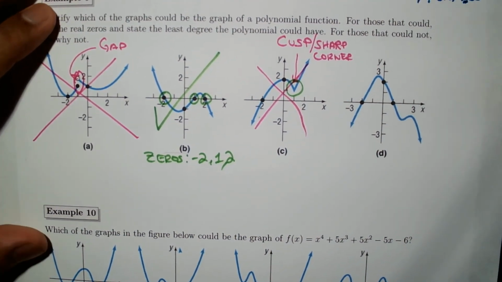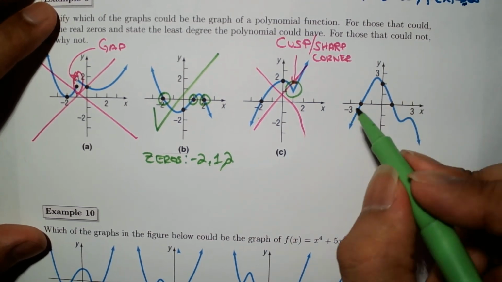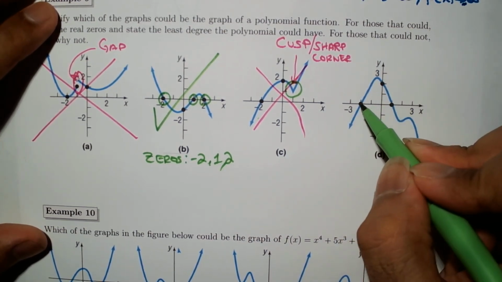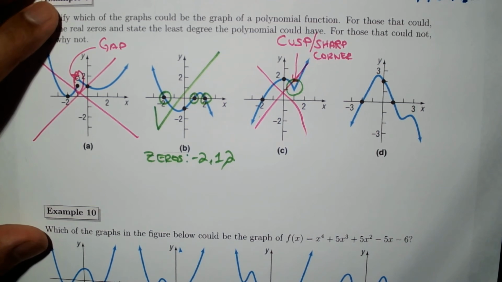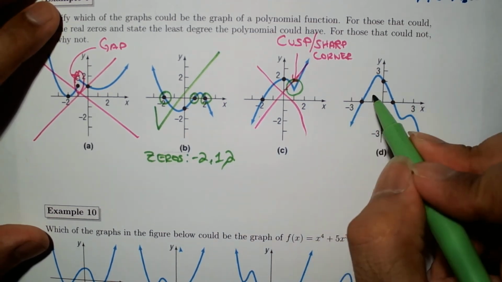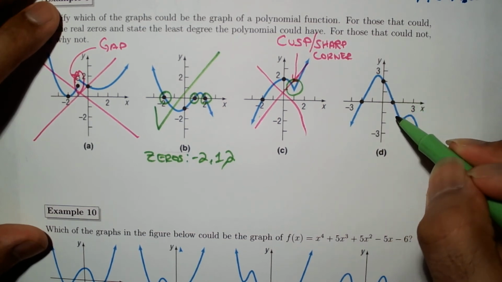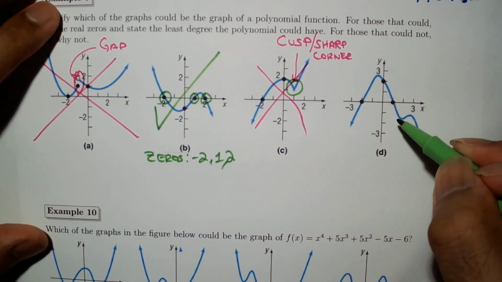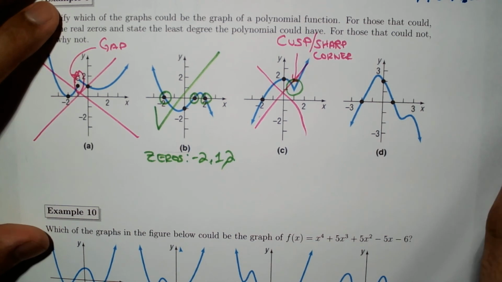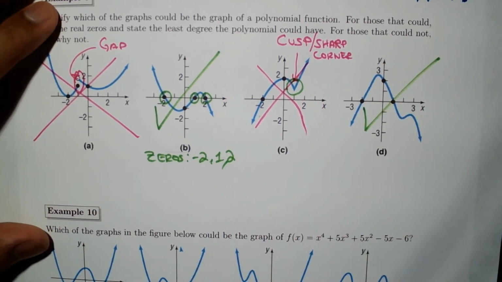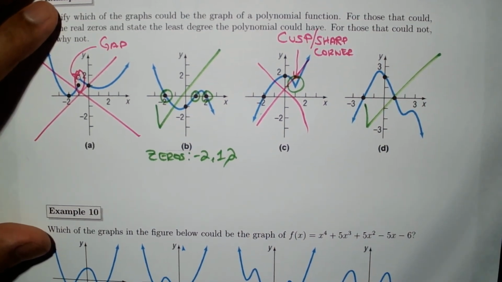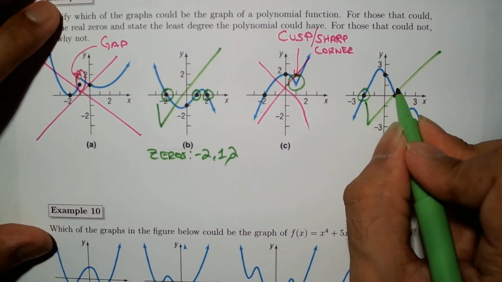Now let's look at the last of them. If we walk along this graph, it's smooth and nicely continuous. So yes, this is a polynomial. Now, how many zeros? We have 1 and 2 zeros.